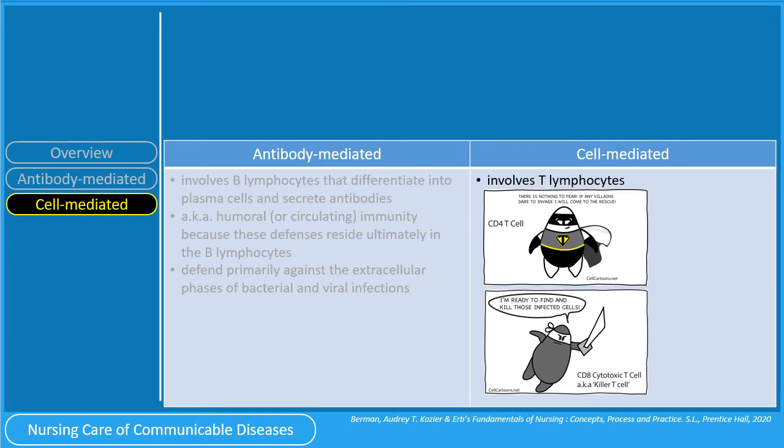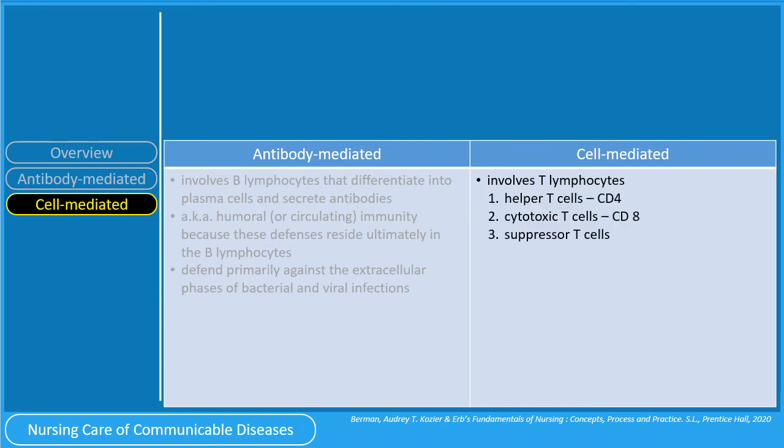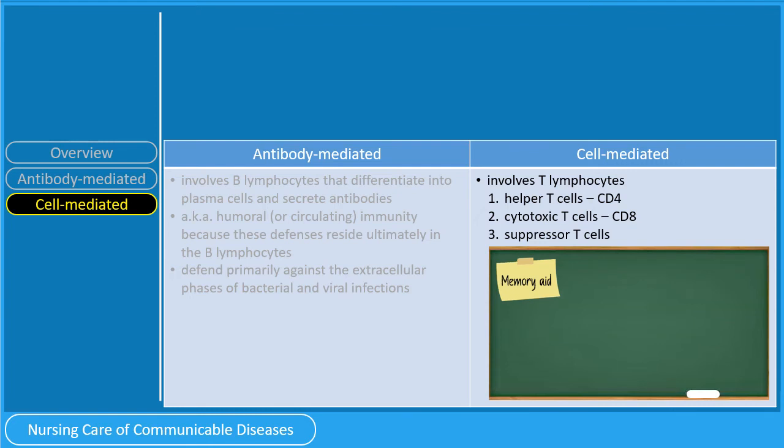I found these interesting images on the internet illustrating the function of the CD4 T cell and the CD8 T cell. Wait, what? CD4? CD8? What are those? The helper T cells are called CD4, while the cytotoxic T cells are called CD8. And this is a cue for another mnemonic.